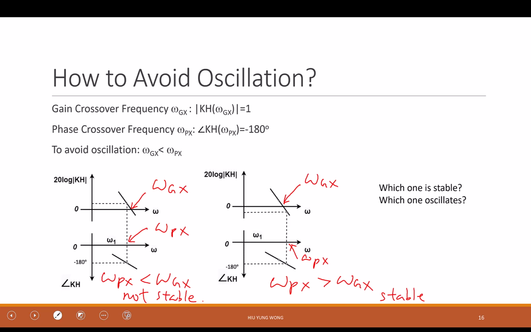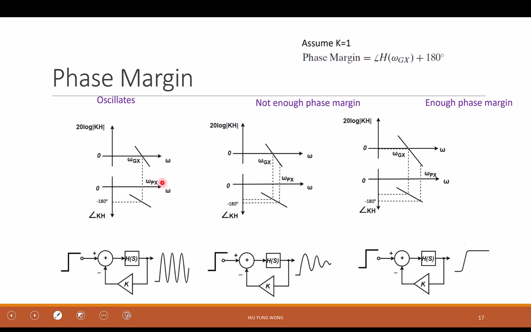Everything is continuous. Do not think that as long as the gain crossover is less than the phase crossover, I will have a perfect solution. There must be some problem, right? You want to have a large enough margin. So just like here, when the gain crossover is equal to the phase crossover, then you don't have margin. You will oscillate, okay?